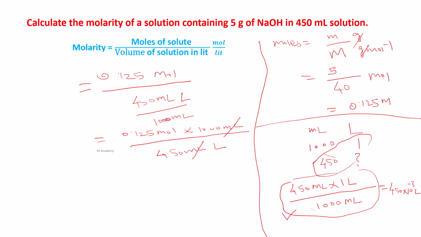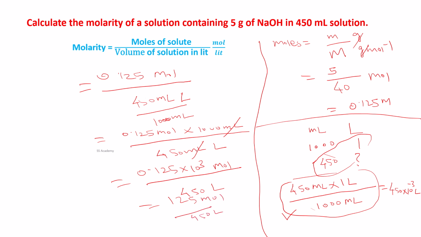Now what happened? 0.125 into 1000 mole per 450 liter. If you multiply 0.125 into 1000, what you will get? 125 mole per 450 liter.